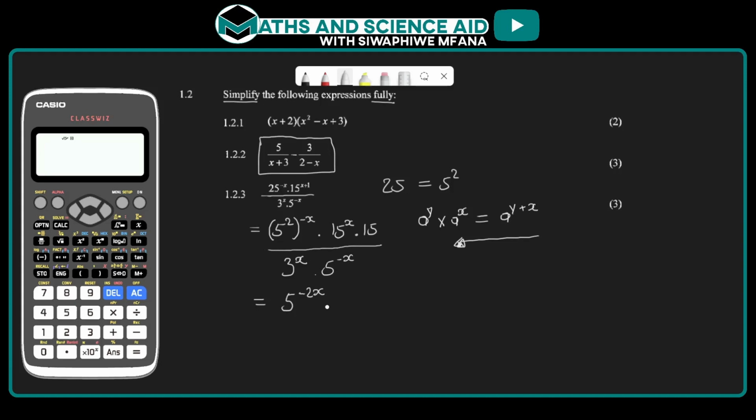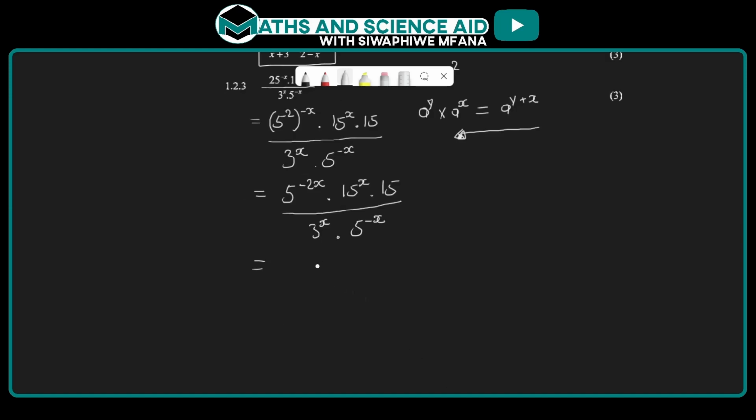And then we will still multiply by our 15 to the power of x multiplied by 15 and divide this by 3 to the power of x multiplied by 5 to the power of negative x.